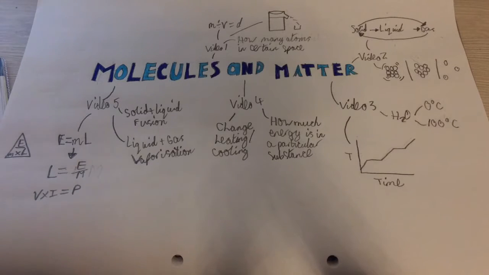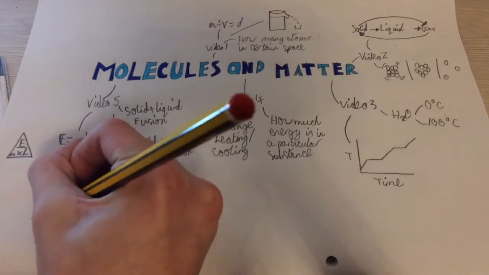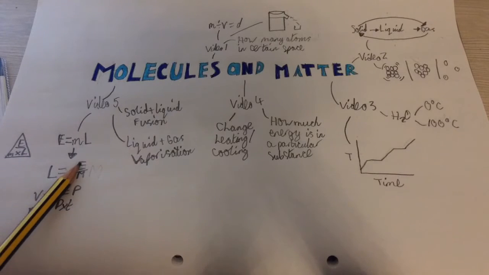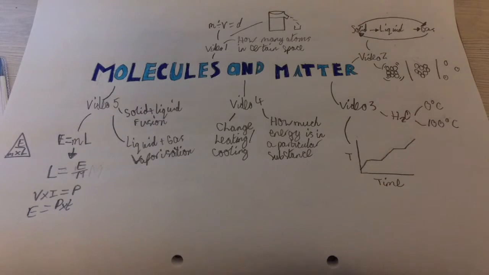So to get the total energy transferred, which is in joules, you need to times the power rating that you have by the amount of time. So the energy is the power times the time. And that is how you get the total energy. So you get the total energy, then divide it by the mass, and you've got the specific latent heat. So that's how you measure the specific latent heat and how you calculate the specific latent heat.